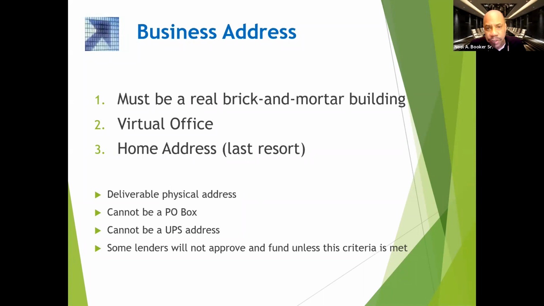The last option, the last resort, is to use your home address. The home address is the last resort because some lenders and creditors do not think that home-based businesses are credible, but some businesses do think that home-based businesses can be credible. So they take this on a case-by-case basis. Let's say you have a hairstyling company and you are doing hair at the house; maybe you might be able to pay the bill they're going to give you.